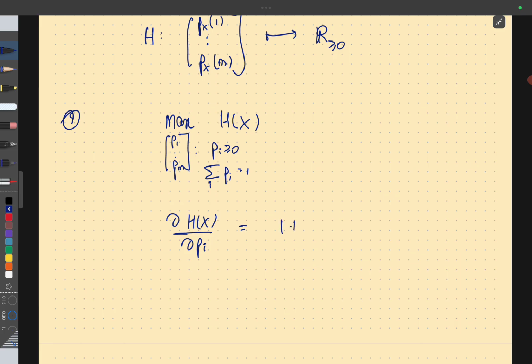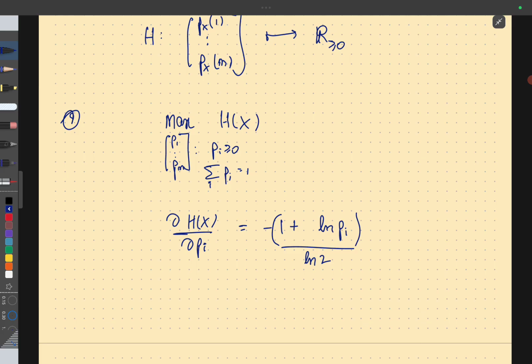It's equal to negative of 1 plus log pi, remember the base is 2, so it's going to be negative of (1 plus log pi) divided by log 2.